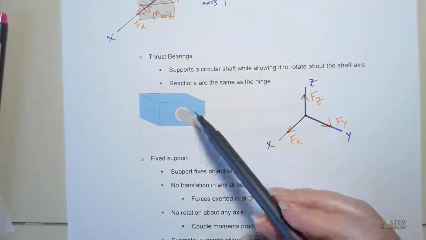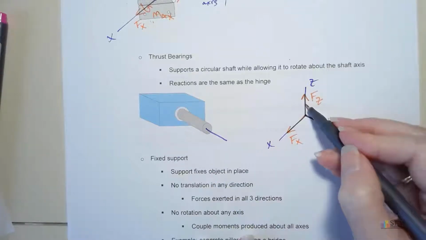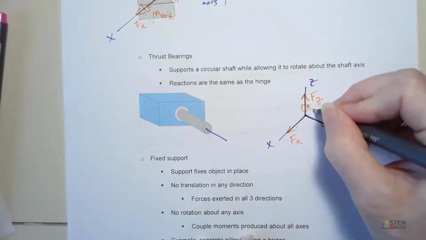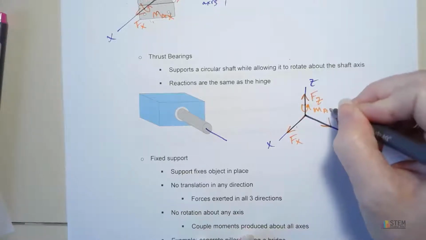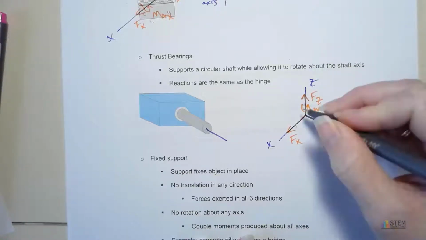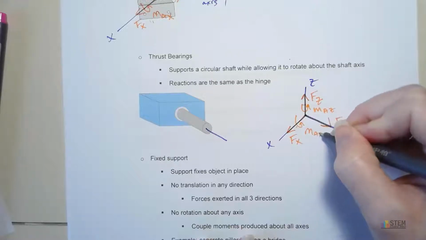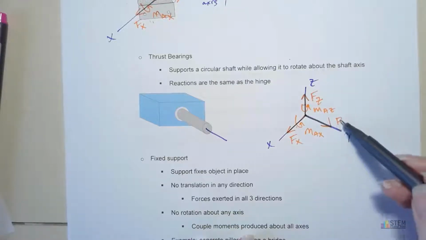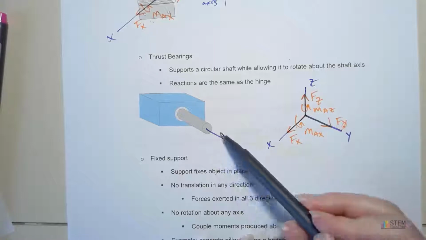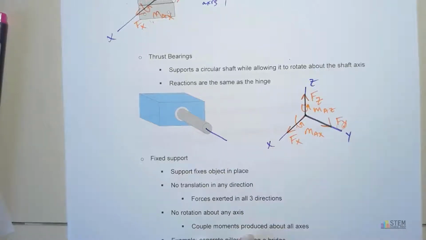So to prevent any rotation about this z or x axis, we're going to produce couple moments. So I'll just call that one MAZ, and we'll call this one MAX. There is no moment produced about the y-axis because we want to allow for that rotation. All right, so you got these two couple moments and then your three forces. And that's a thrust bearing.